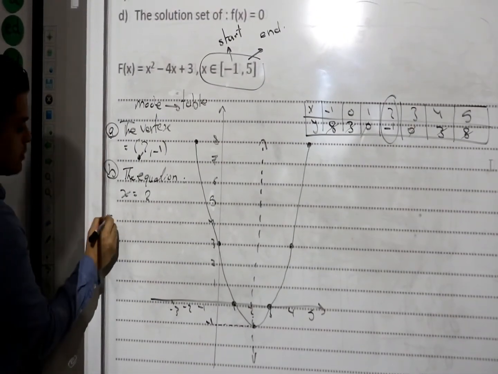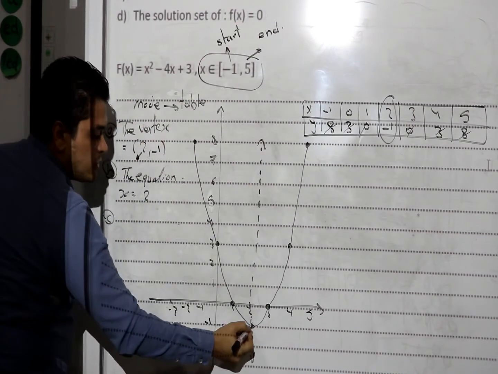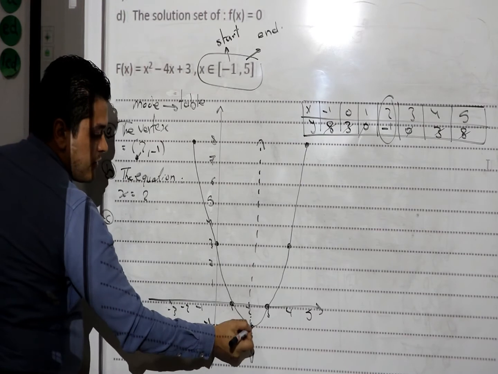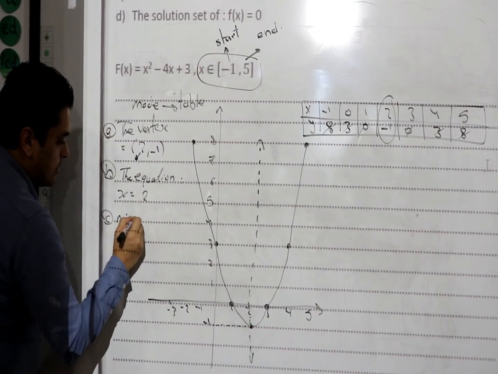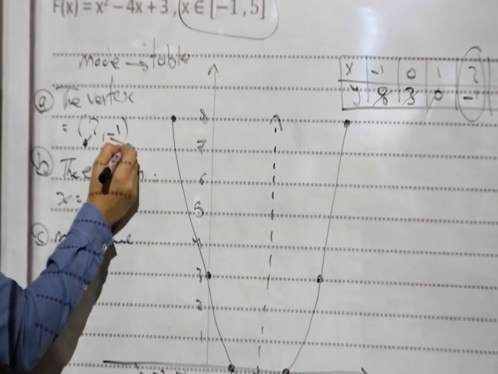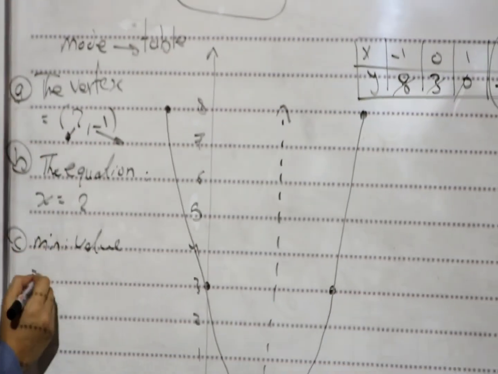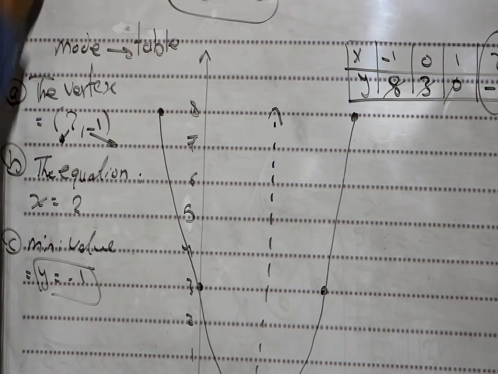What about C? We need the maximum or the minimum value. What about the point of the curve? We plot the curve, the minimum value or minimum point equals -1. The minimum value equals -1.